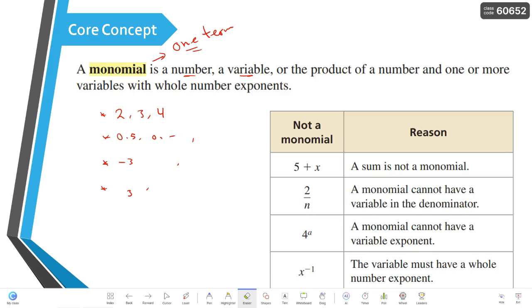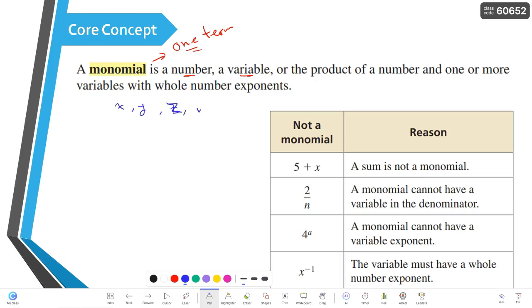On the other hand, we have letters usually used in mathematics to express something unknown. If we have any variable like the common variables x, y, z, m, and any letter like these, we can say that it's simply a monomial in case your variable has a whole number as an exponent.